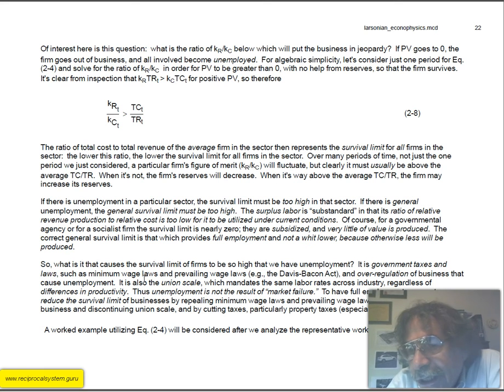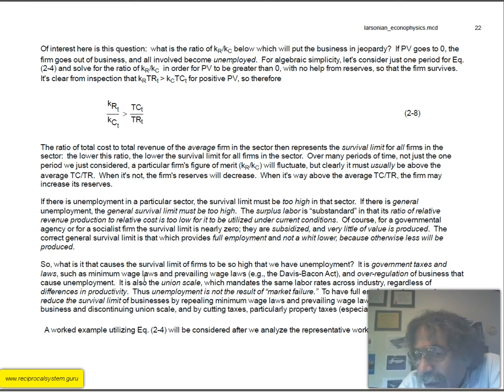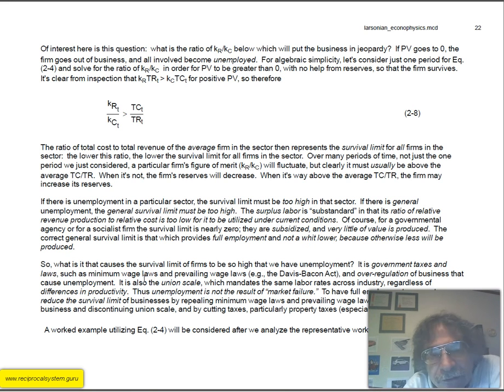For algebraic simplicity, let's consider just one period for equation 2.4 and solve for the ratio of K sub R over K sub C in order for PV to be greater than 0 with no help from reserves so that the firm survives. It's clear from inspection that KR times TR sub T, that's for period T, must be greater than K sub C times TC for period T for positive present values.